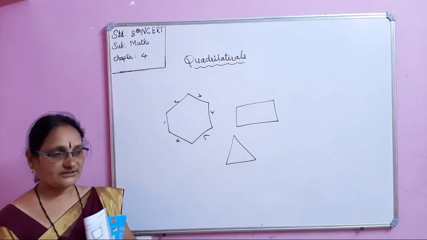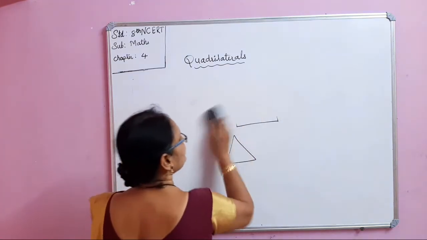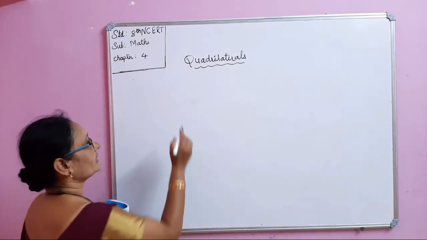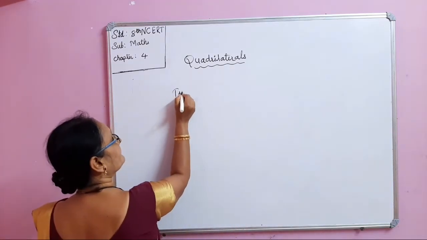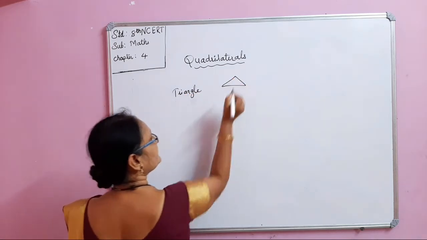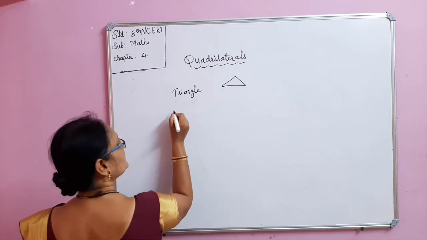Now some polygons we learn. You know some polygons. Which are the polygons? The 3-sided figure is called a triangle. How will the triangle be? This is a triangle, a 3-sided figure. Then you know the quadrilateral, a 4-sided figure.